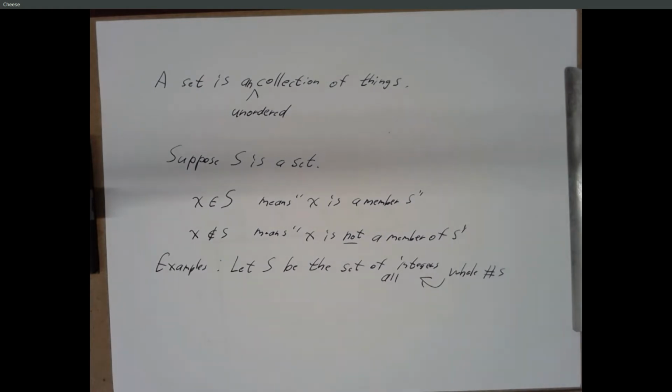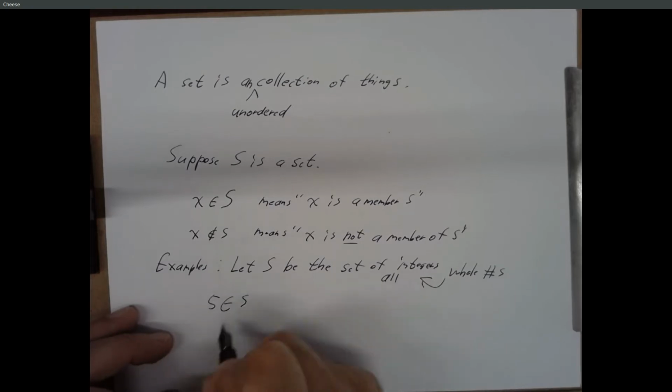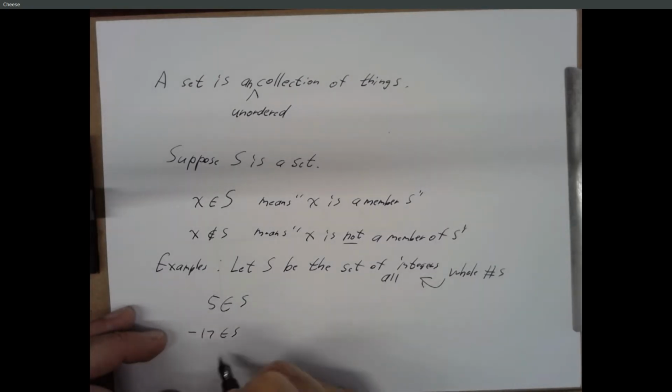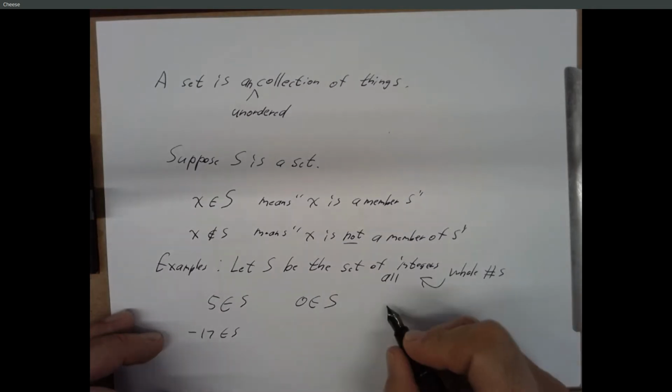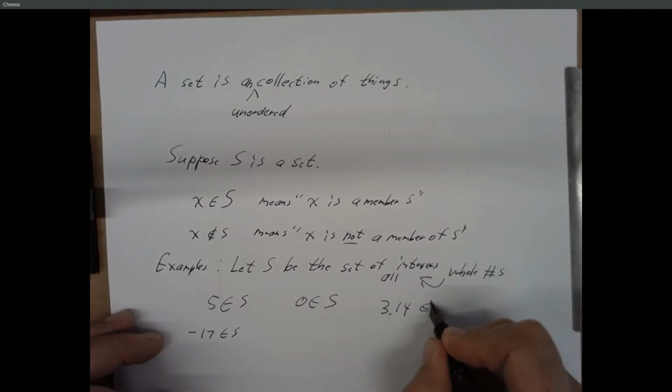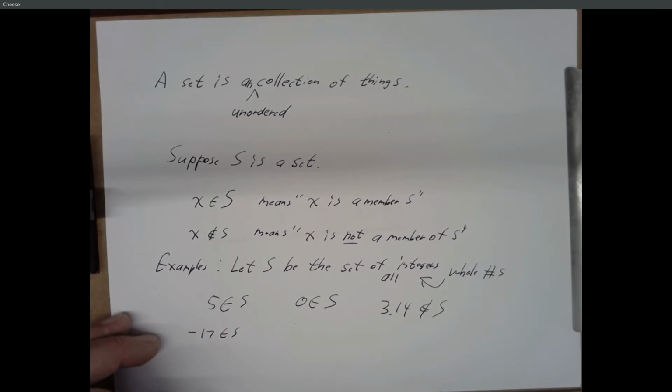So what are some of the things that would be in S? 5, negative 17, 0, but 3.14 is not a member of S. And a triangle is not a member of S. And a three-legged zebra is not a member of S. These are valid objects, but they're not elements of this set.